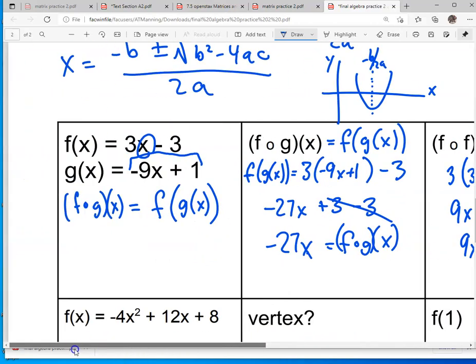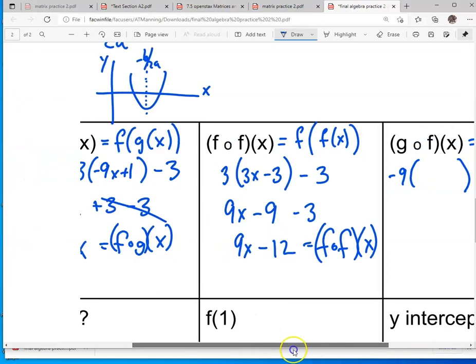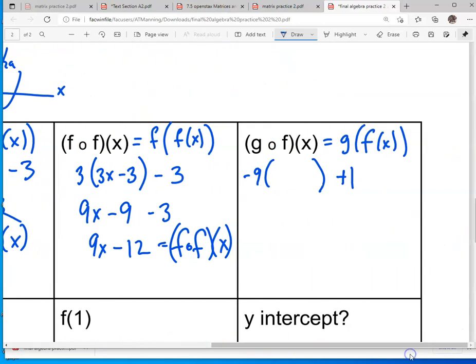Double check. Oh, plus 1. Negative 9 times its input plus 1. And f of x is 3x minus 3. Double check what f of x is. Yeah, 3x minus 3. Put that into the input of g.